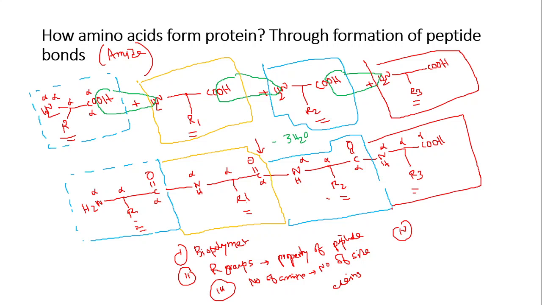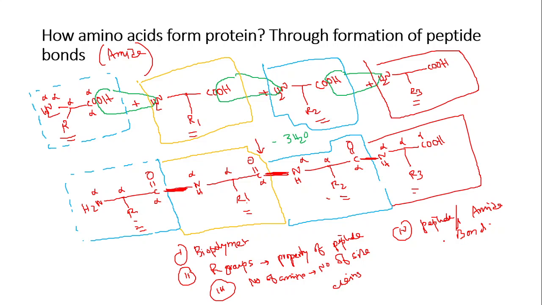The next thing is the presence of the peptide bond. This particular bond, the one connecting the 2 subunits, is called the peptide bond or amide bond.